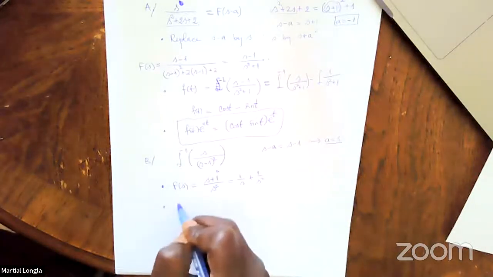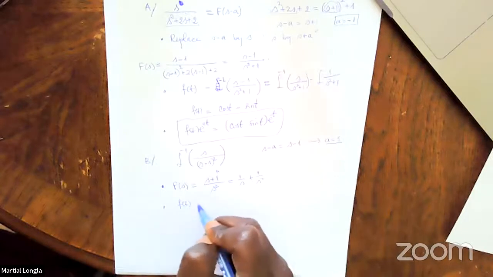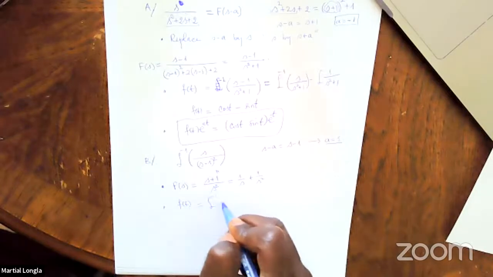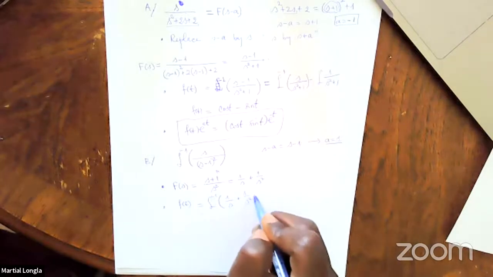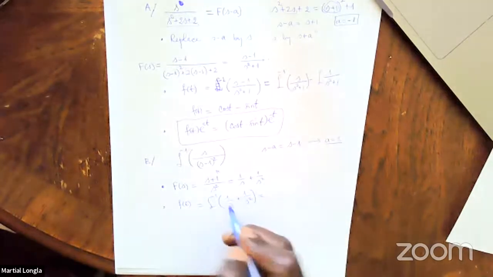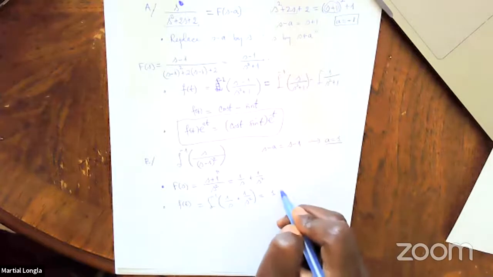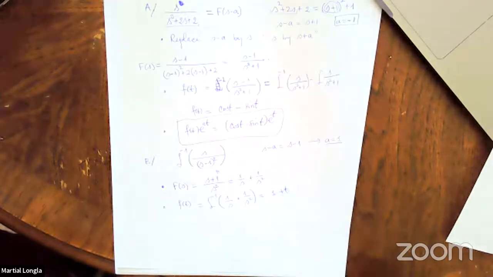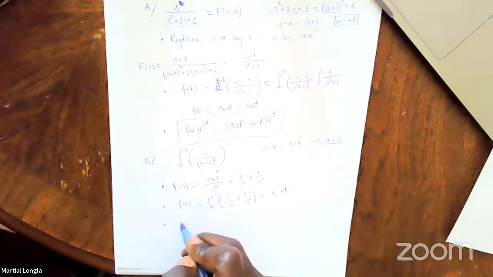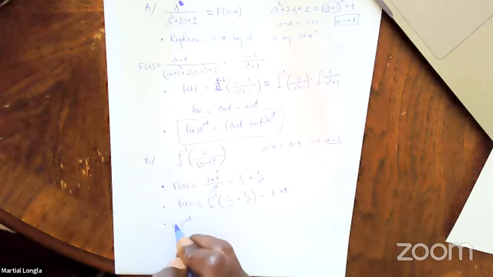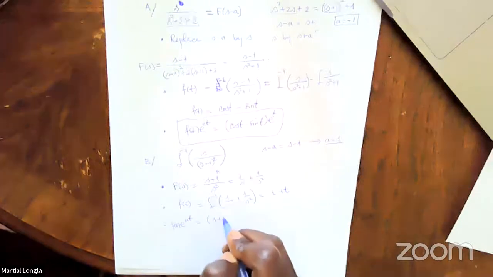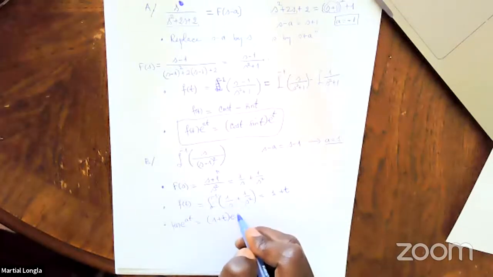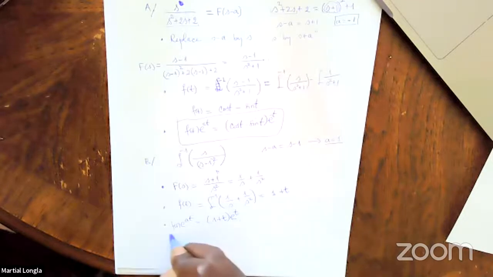Now we find little f of t as the inverse Laplace transform of 1 over s plus 1 over s squared, and this is 1 plus t. And so your last step is e to the at times f of t equals 1 plus t times e to the t. That's it.